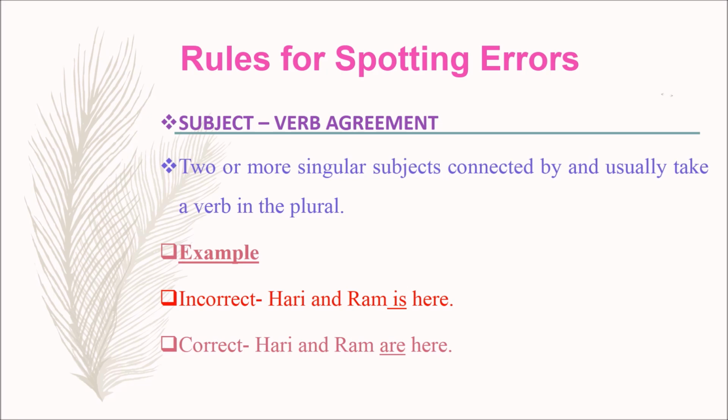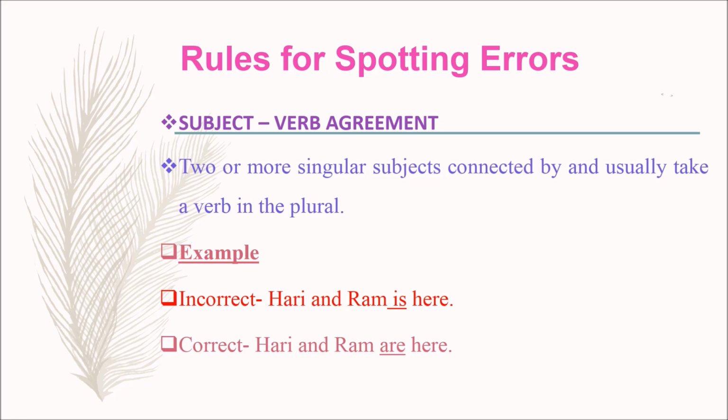Whereas Hari and Ram are here. It is correct sentence. Why? Because the rule is two or more singular subjects connected by and usually take a verb in the plural. So in this sentence, Hari and Ram are two singular subjects connected by and. So usually we have to put a verb in the plural form.